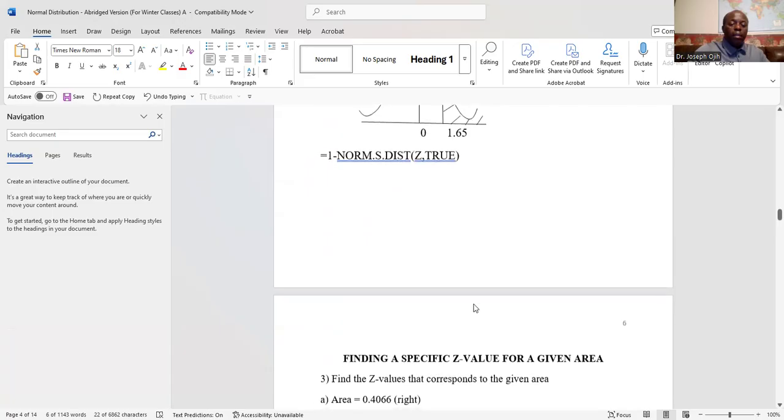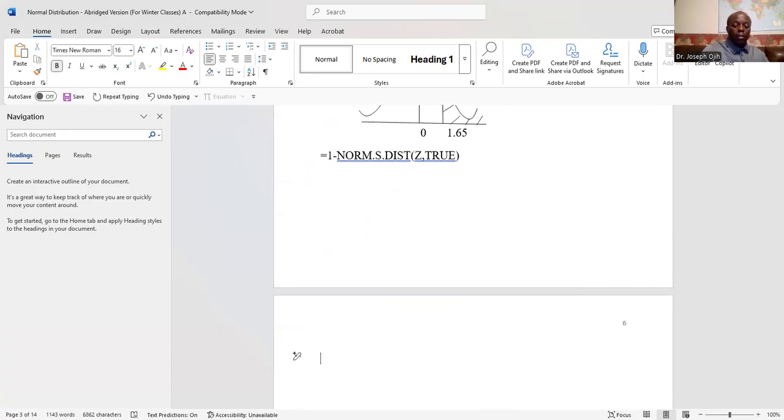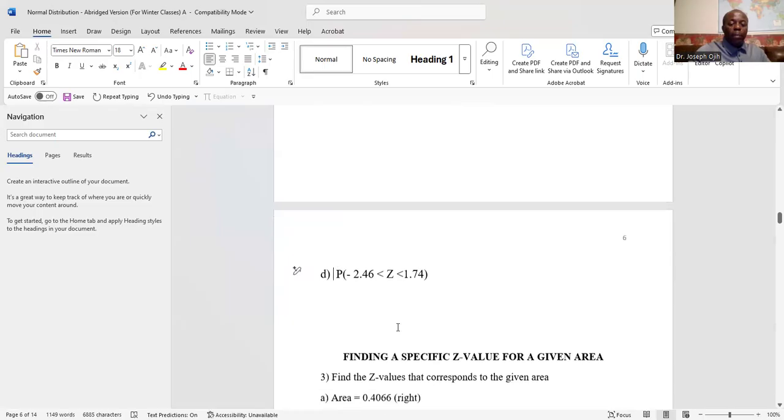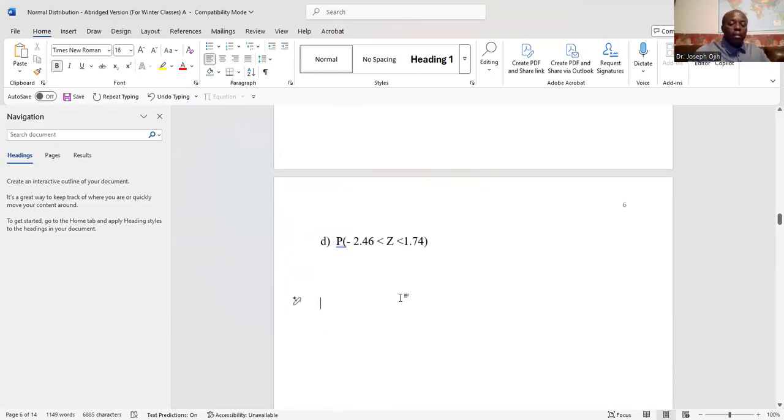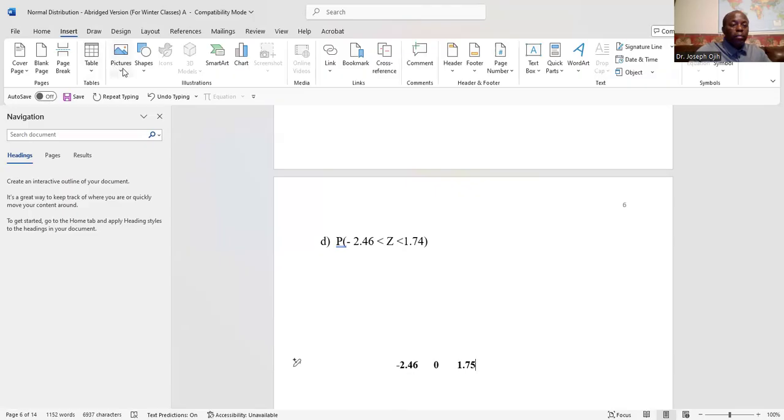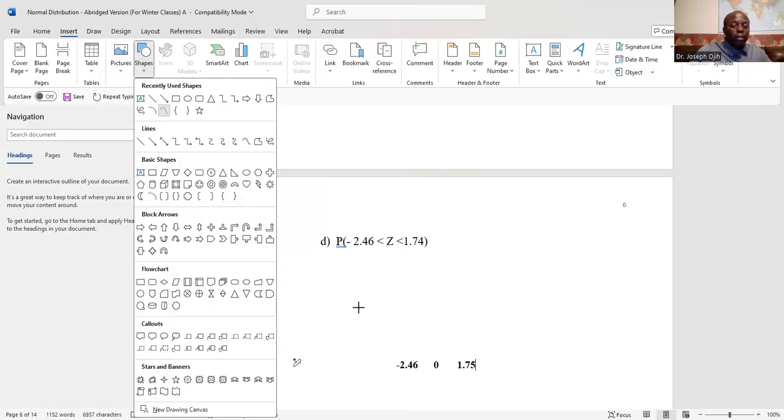When it says to find the probability of this area, this is how the diagram will look: negative 2.46 and 1.75.